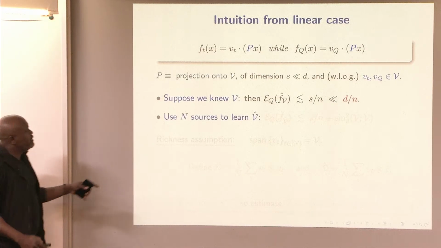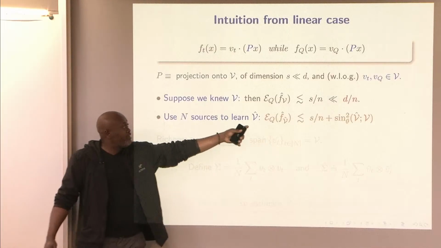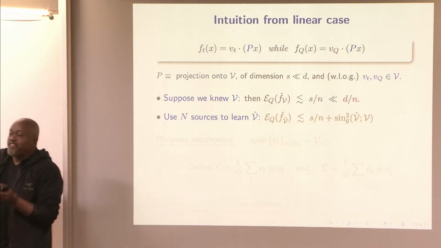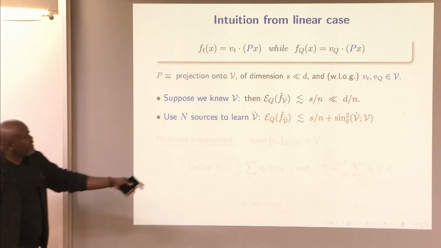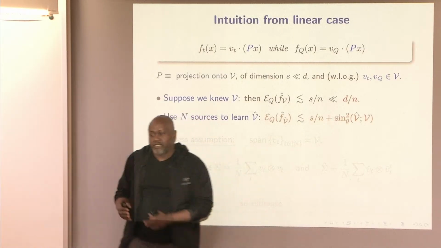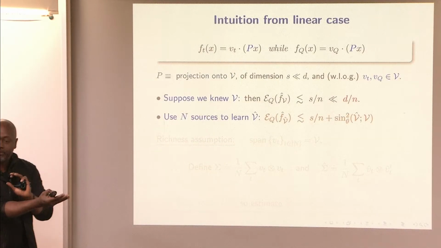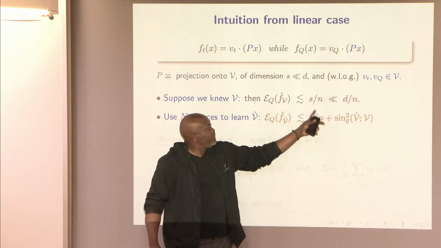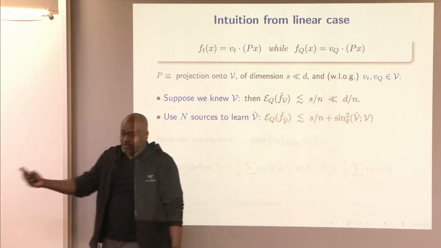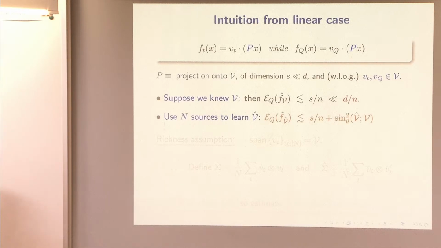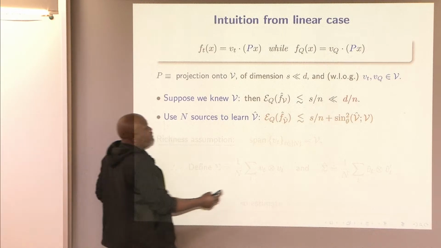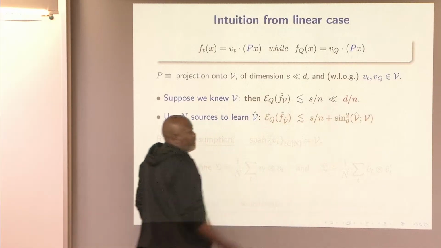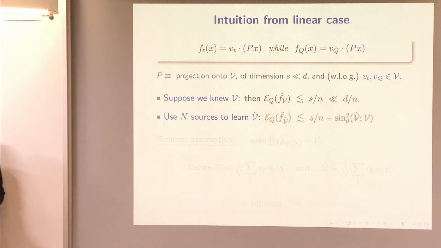So the whole point is to use the N sources to learn a V hat that approximates V. And if V hat approximates V enough in sin theta error, which is just the angle between subspaces, then I get this rate, which is much better than the single task rate. Fine?